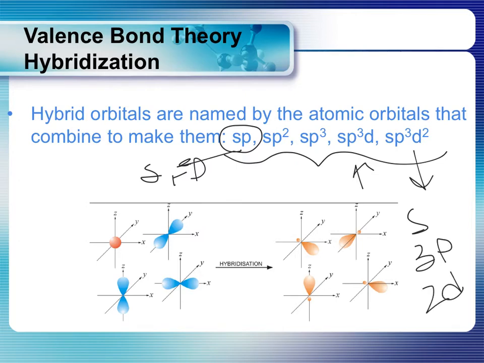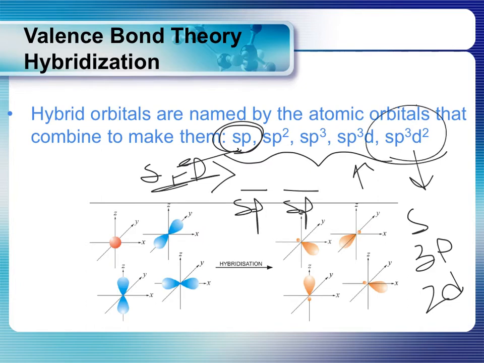So not only do you know from the name what orbitals they came from, you also know how many of that type of hybrid there are. In the case of sp, since it started with 2 atomic orbitals, it must form 2 identical hybrid orbitals. So anytime you see sp, there are going to be 2 of them that are identical.